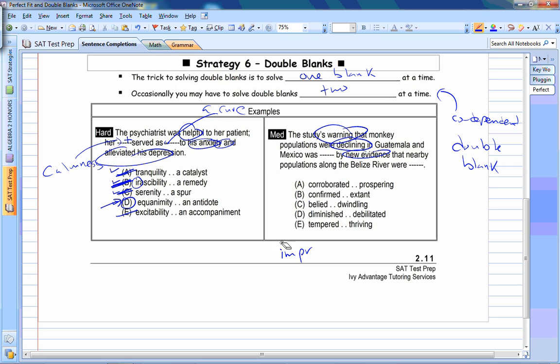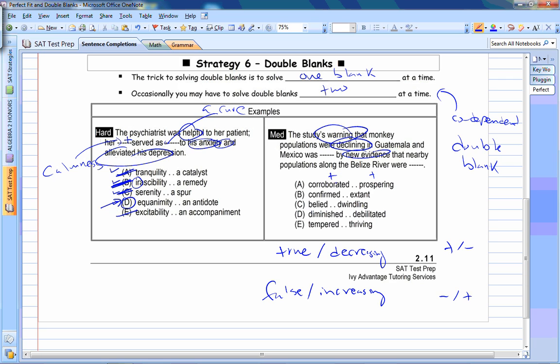I'm sorry, let me take that back. The study's warning that monkey populations were declining was true, because new evidence showed that the population was decreasing. Or you could say it is false, because there's new evidence that the population is increasing. So in this case, we're going to go positive, negative, or negative, positive.